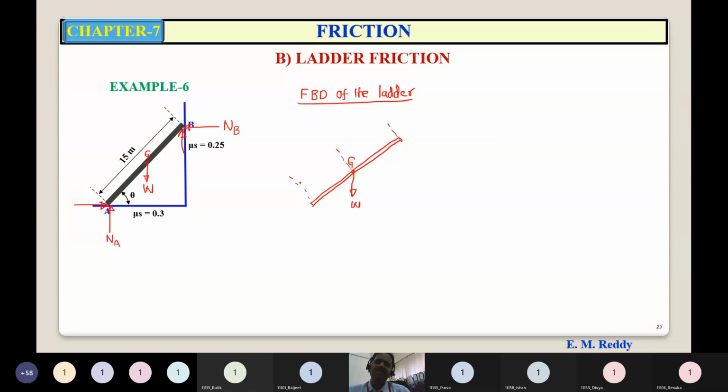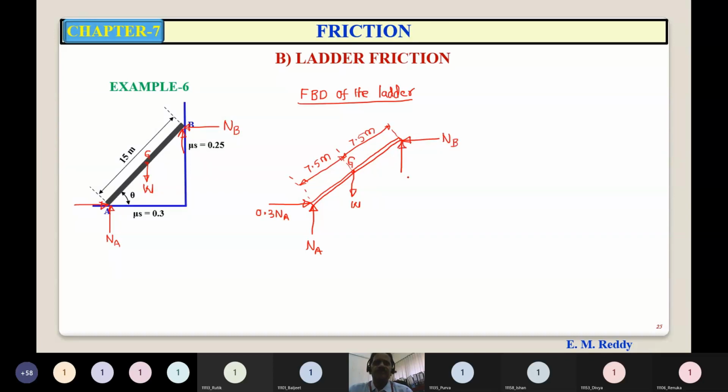Total length is 15 meters. The center of gravity is the midpoint, 7.5 meters. Normal reaction NA. Friction force 0.3 NA. Here the normal reaction is NB.